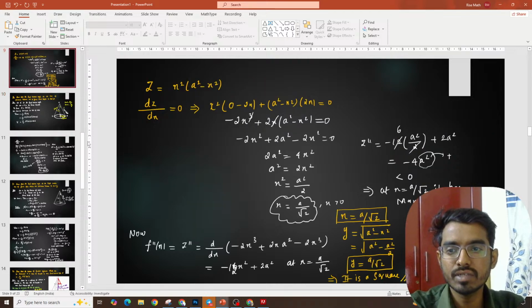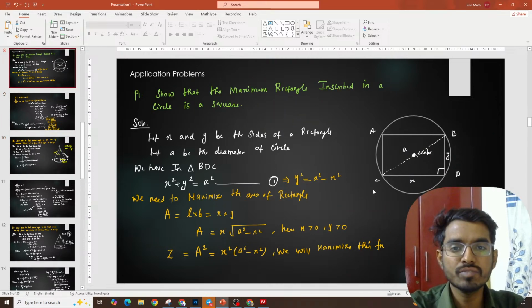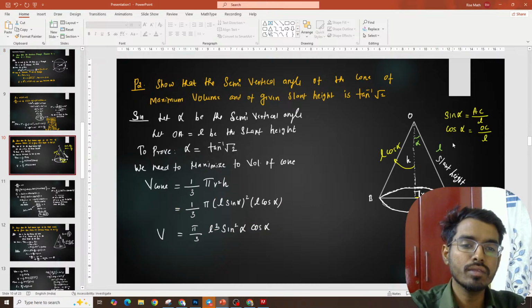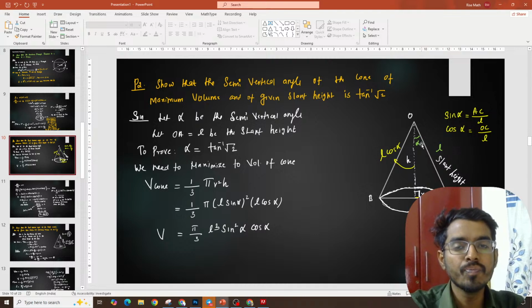The first problem is inside a circle, we have inscribed a rectangle that will have a maximum area if that rectangle is a square.